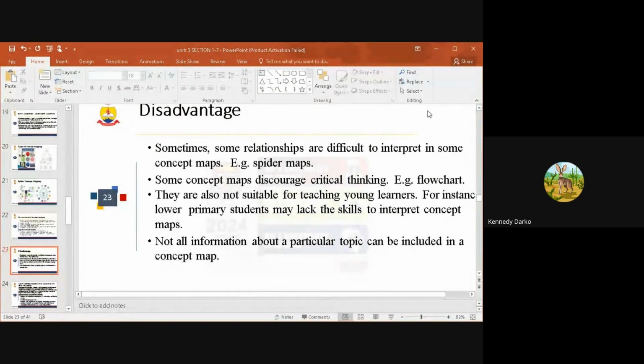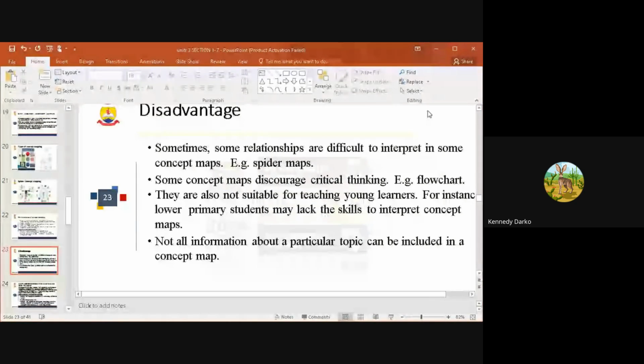So sometimes it is very difficult to explain the concept to the kids, but you should try within your means to give them a simpler concept map. Some concept maps discourage critical thinking. Example, flowchart. The flowchart that has been coming into our BCE. If the children don't understand the symbols well, how do they cope? That concept will not be there.